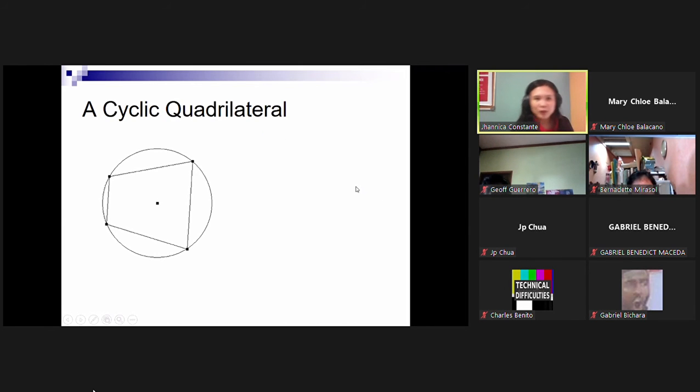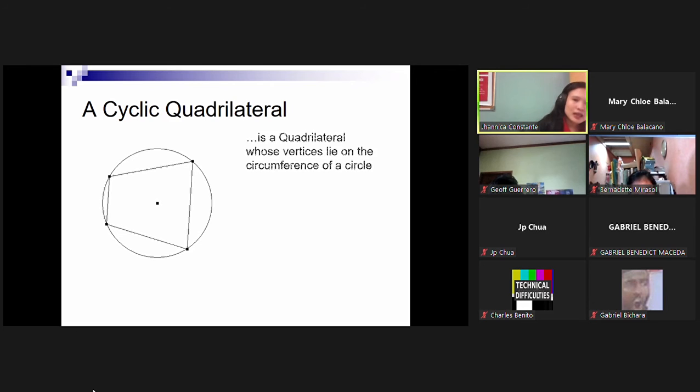So for example, we have the cyclic quadrilateral. That's the third property that we can have in the circle, a cyclic quadrilateral: a quadrilateral whose vertices lie on the circumference of a circle.